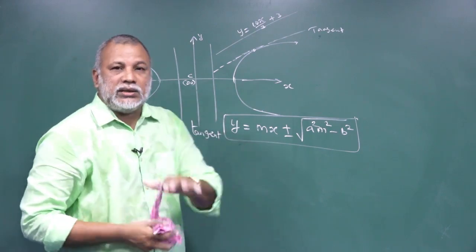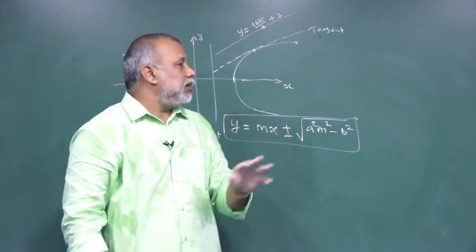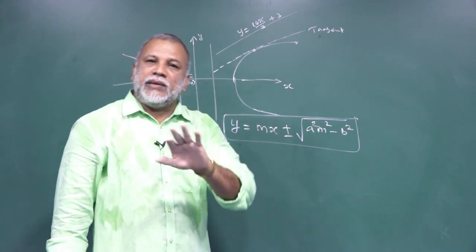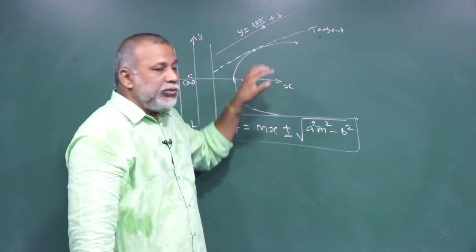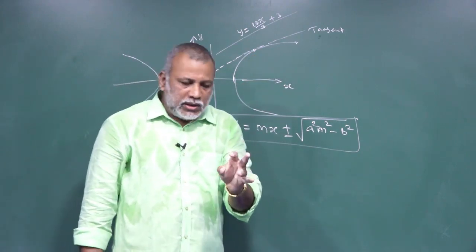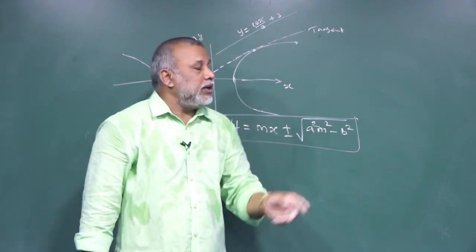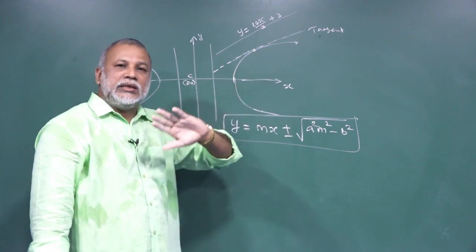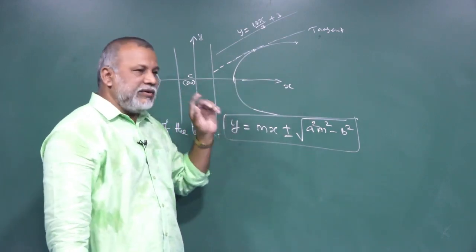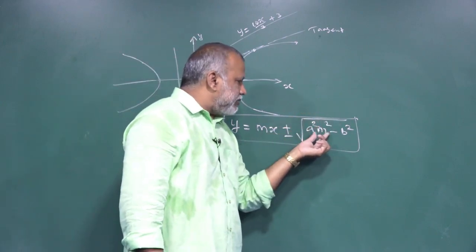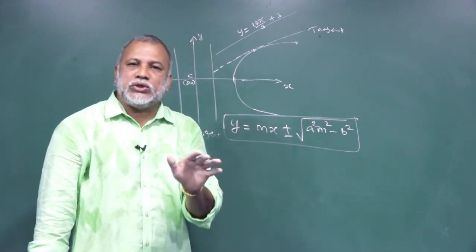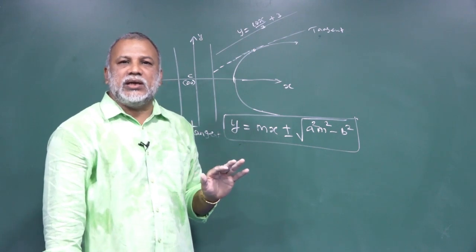Here the point x1, y1 is not given, and the parametric theta is also not given. So we are not able to get the point x1, y1 and theta. For this only, in terms of slope, we already derived that y equal to mx plus or minus square root of a squared m squared minus b squared is the equation of the tangent.